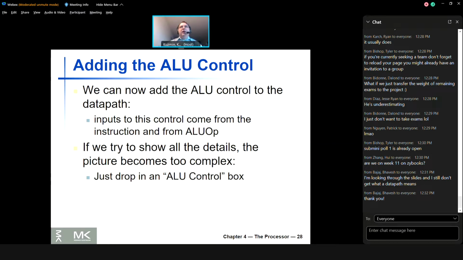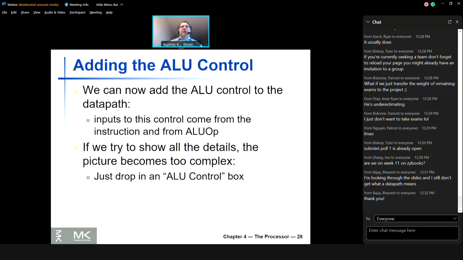One of the things that will probably take most of your time when working on your project is this: if we ask you to draw a data path, the components should be pretty easy to draw, but coming up with all the control signals is a little more time consuming.